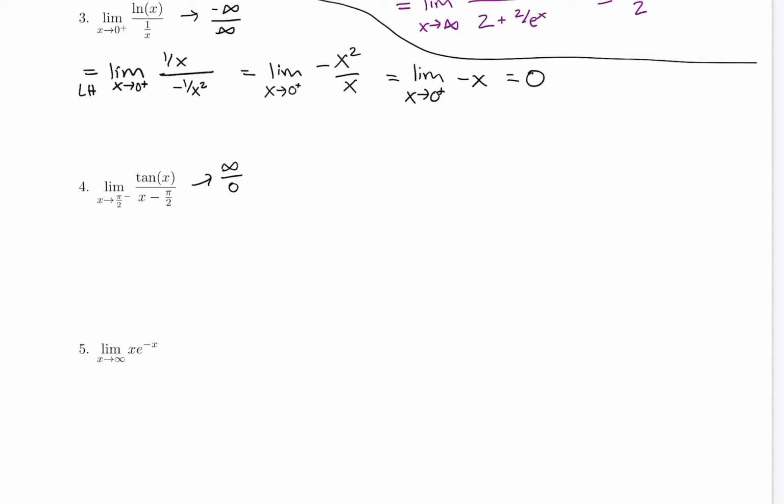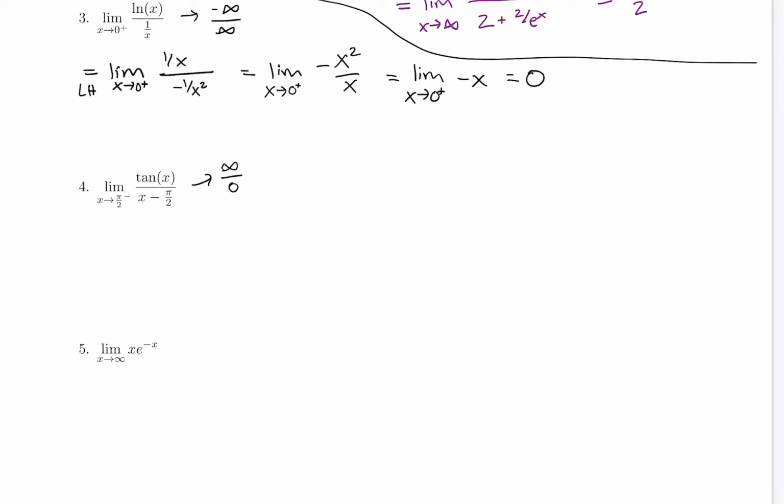Because what that's saying is that the numerator is getting really big and the denominator is getting really small. And so both of those things are leading to the overall value getting big. So we can't apply L'Hopital's rule. It doesn't have an indeterminate form of 0 over 0 or infinity over infinity. Basically, what this is saying is that this is going towards infinity. We just have to decide whether it's positive or negative infinity.